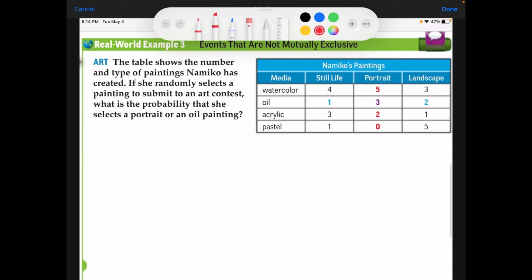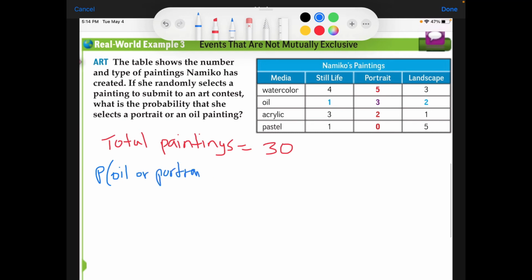So I'm going to go ahead and make sure we know that. Total paintings, oops, let's change that. So total paintings is equal to 30. So let's use the formula that we've learned. So the probability of selecting an oil painting or a portrait is going to equal each separate one plus the other, minus the intersection. So getting the oil first plus the portrait second.